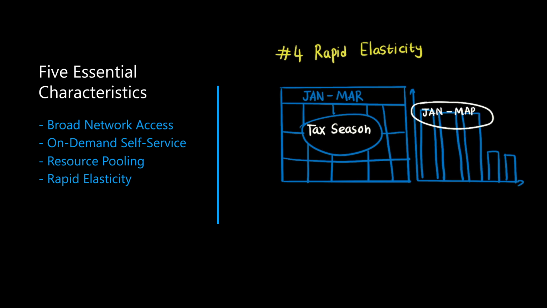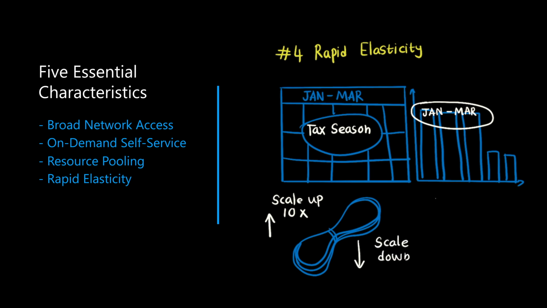With rapid elasticity, they can scale up their infrastructure by 10 times or more during tax season, then scale it right back down when demand decreases. This scaling happens in minutes or even seconds, not the weeks or months it would take in a traditional environment. The infrastructure grows and shrinks like an elastic band, always matching your actual needs.